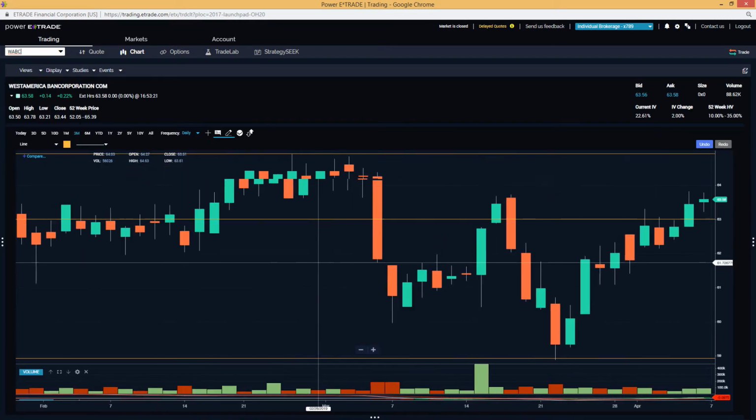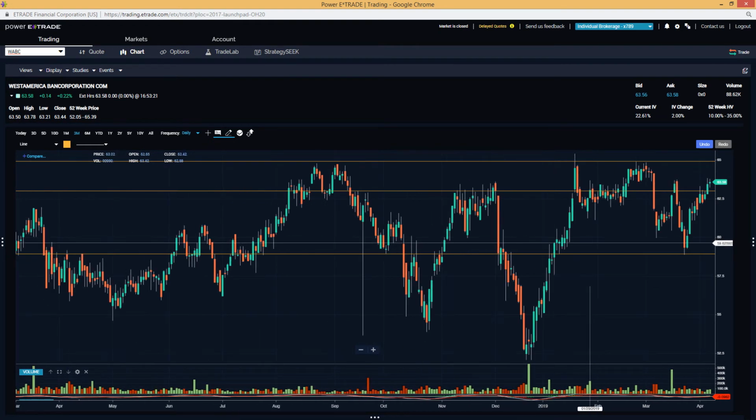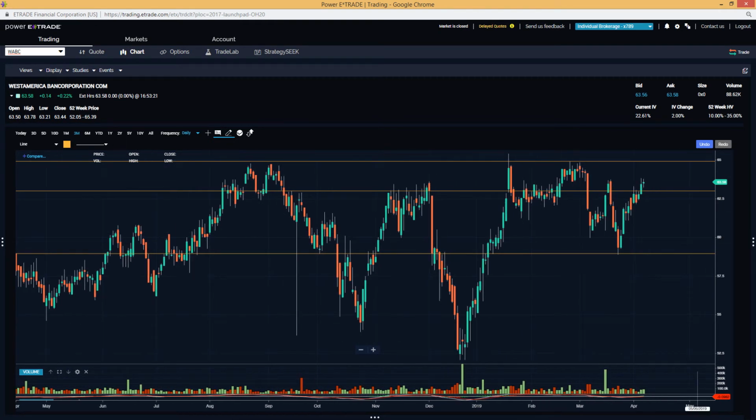Now with resistance, as you can see here with WABC, we saw it approach the $65 mark once, break down to 62.5, test it twice, break down to the $58, $59 mark, and it hasn't gone up since.